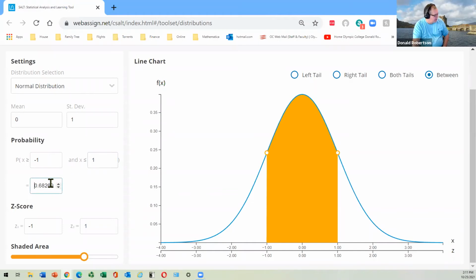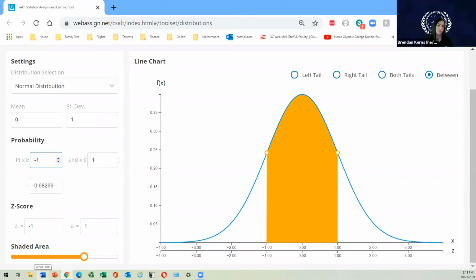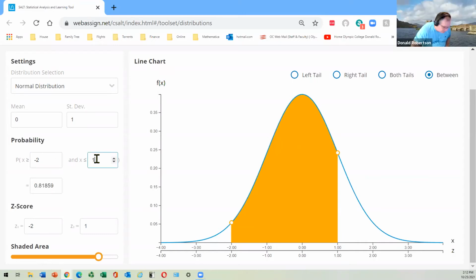Well, isn't that number there pretty close to 68%? One standard deviation. Right, how much is 2 standard deviations away? Can you remember that number? 95. Okay, so if I do -2 to +2, won't that represent 2 standard deviations away from the mean? And does that number there look like 95%, roughly?